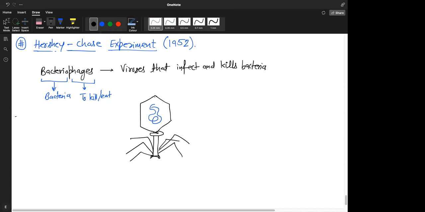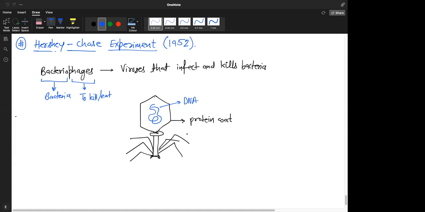So everything that is marked in black is proteinaceous. This is called protein coat. And what's marked in blue is the DNA, the genetic material. Now we know it's the genetic material, but earlier we knew that it is the DNA. So viruses are DNA encapsulated by a protein. Is it clear?